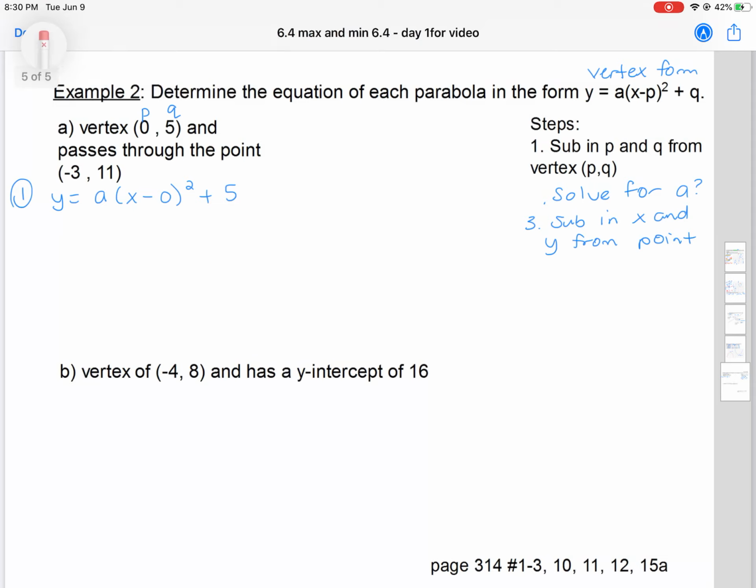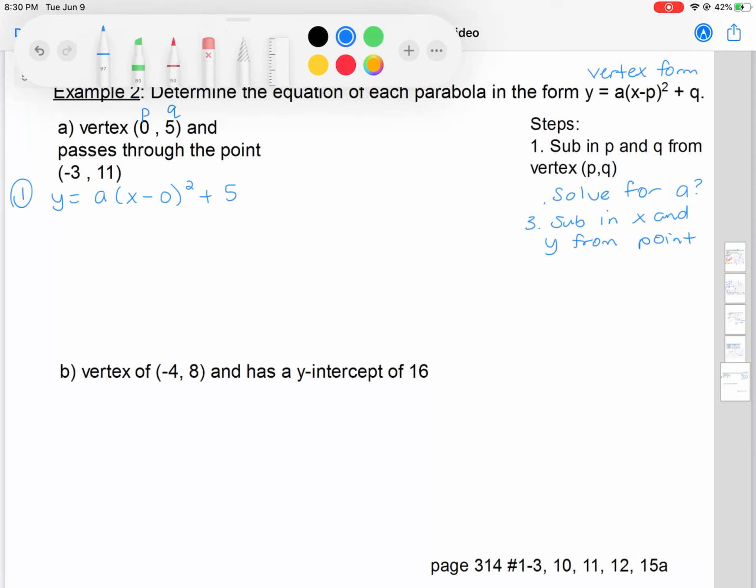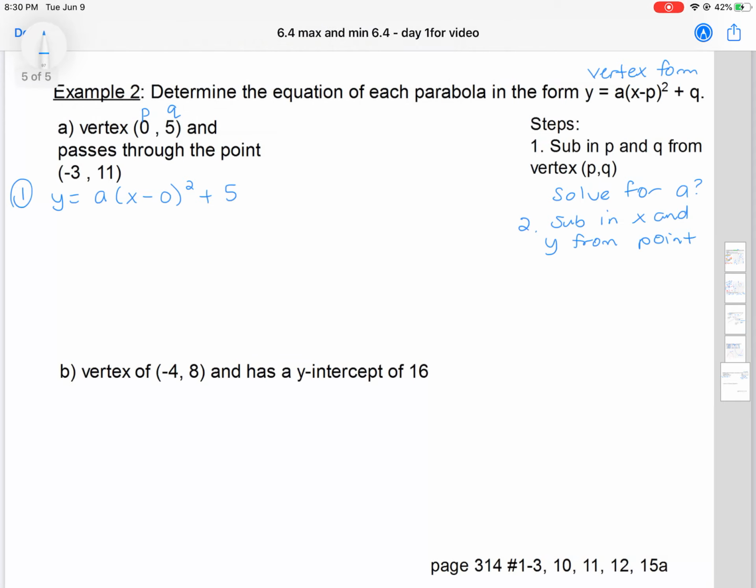Actually, I'm not even going to label that number 2. So this is x and y.